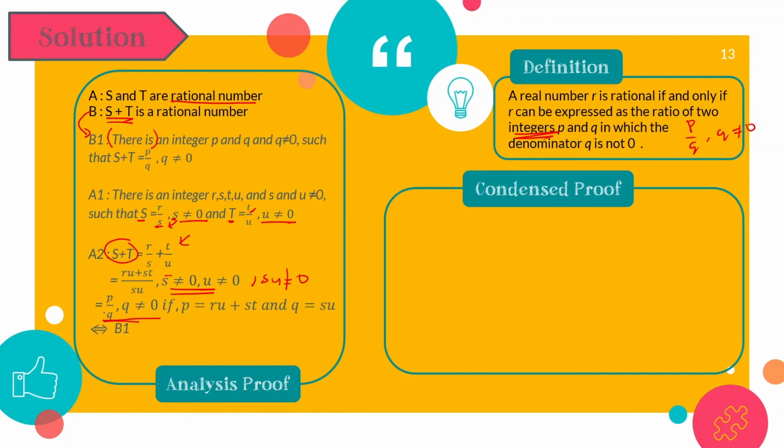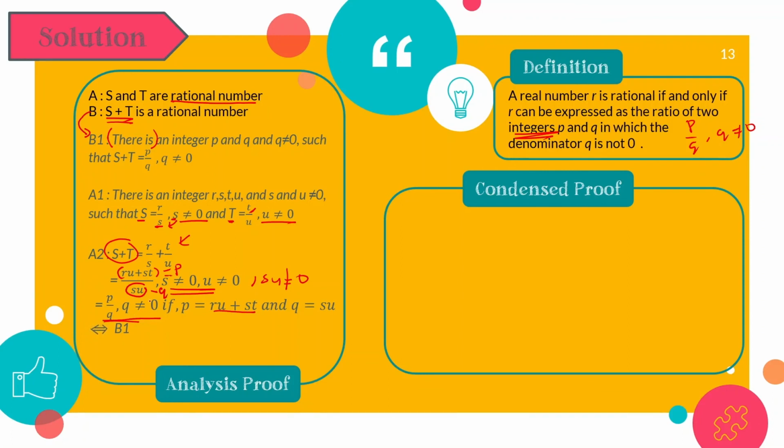Why do we have this statement? This statement comes from the backward process, which is s plus t equal to p over q, q not equal to 0. So (ru plus st) over su will equal p over q if p is equal to ru plus st, and q equal to su. So this statement will equal p over q, and q not equal to 0.